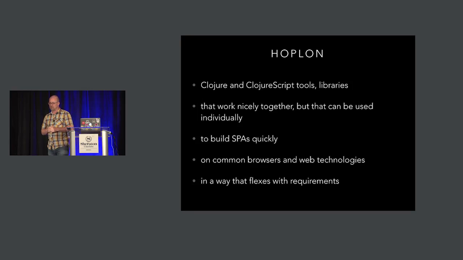Well, Clojure is going to be part of the solution, but it's not all the solution. So he went with this idea called Hoplon. Hoplon is a web framework for Clojure that I'm going to talk about that solves this problem. So Hoplon uses Clojure and ClojureScript. If you haven't heard of ClojureScript, it's Clojure that compiles to JavaScript. It's the same language. Clojure is sort of a parasitic language. It lives on top of other runtimes.